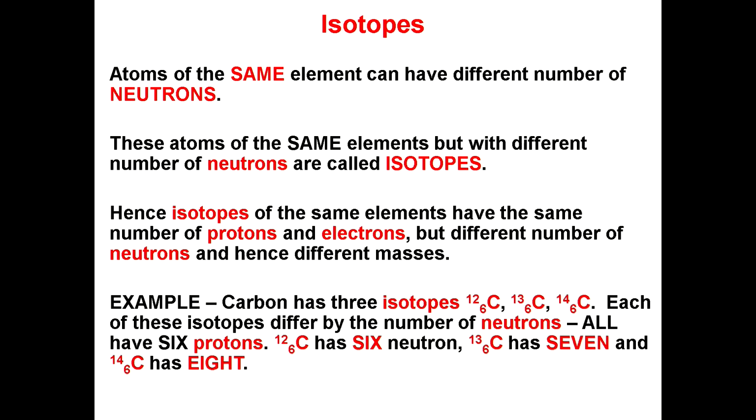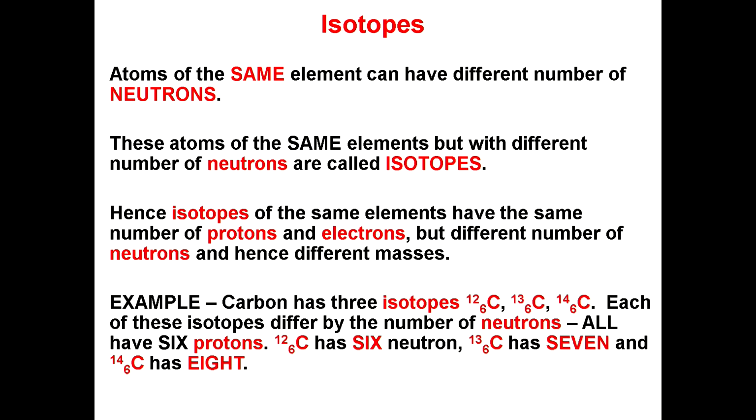The number of protons and electrons are certain, but the number of neutrons can change. They still have the same number of protons, so they are the same element. All these atoms are called isotopes.